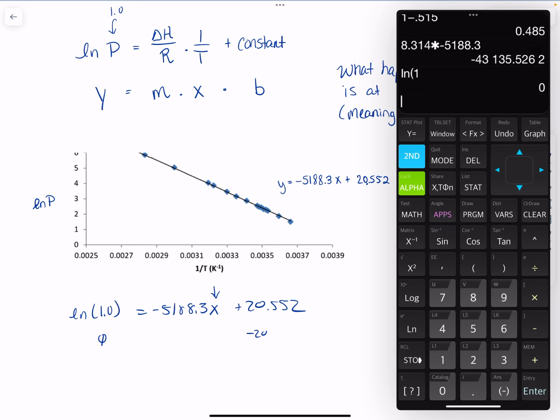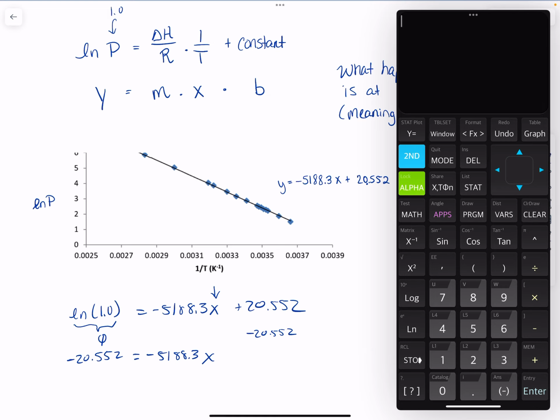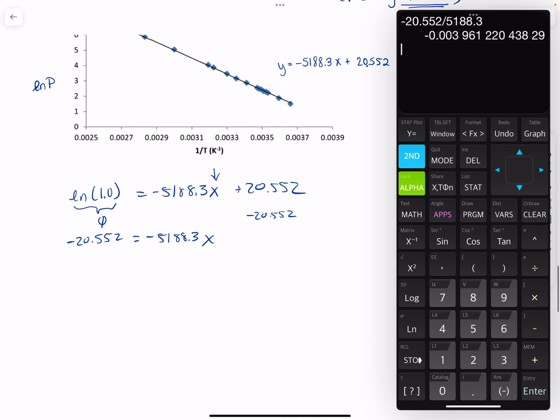So if we subtract 20.552 from both sides, I just get negative 20.552, because this number right here had become 0. Equals negative 5188.3x. So then I divide my negative 20.552 by my 5188.3, and I divided both sides by that.